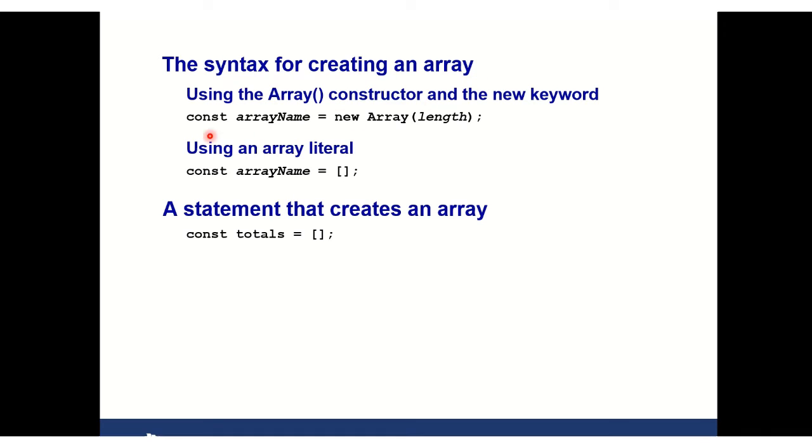But when you write const arrayName equals new Array and then you specify the length, then that makes sense, because that really creates an array in practice in the memory space of your code with the length, I mean that number of elements. So let's say you want to generate an array with 10 elements, then you have to pass the number 10 instead of length.